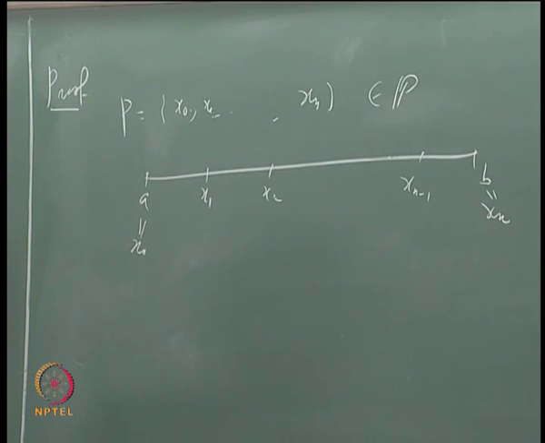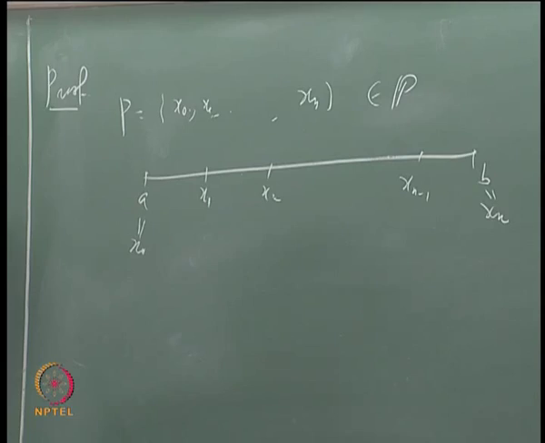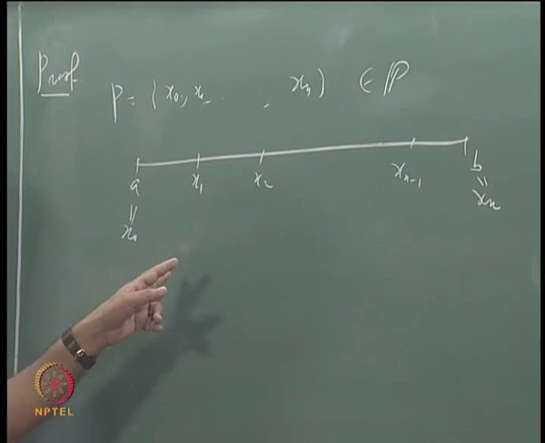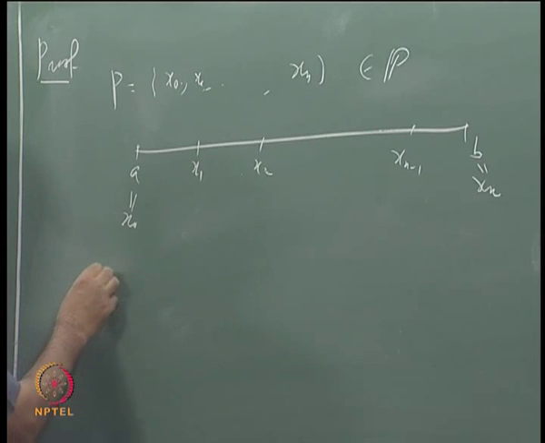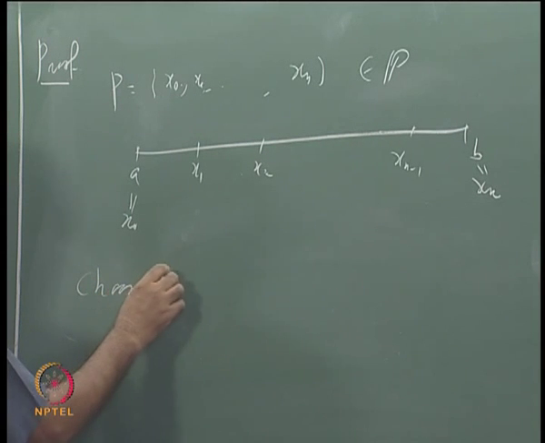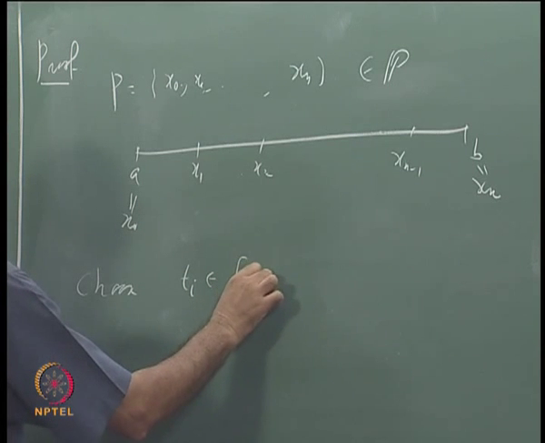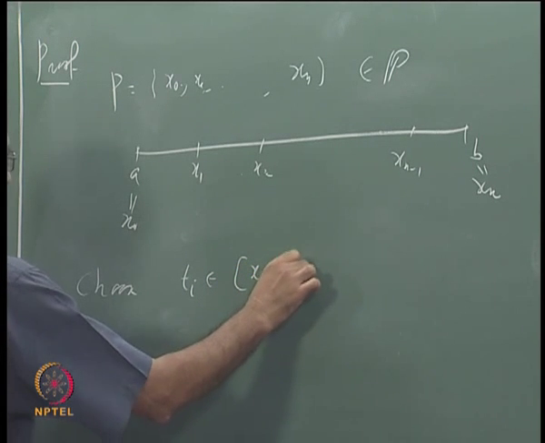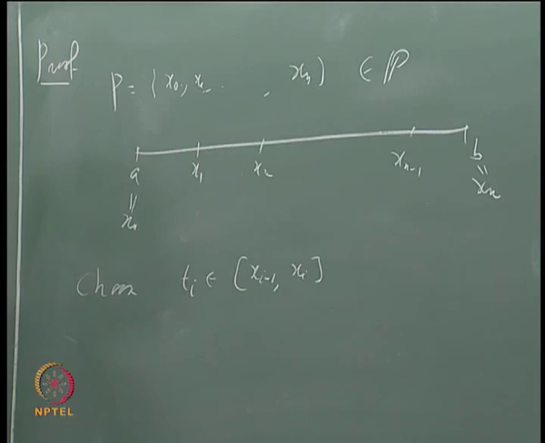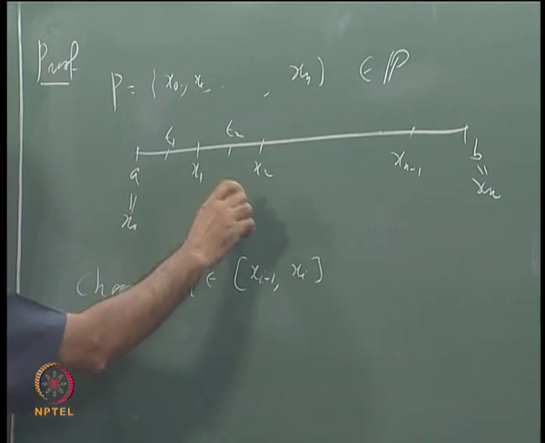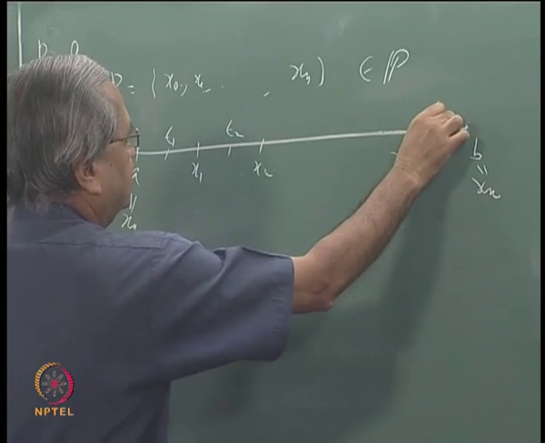Then to form the Riemann-Stieltjes sum, we choose Ti in each of these subintervals. So choose Ti belonging to [x(i-1), xi]. That means there will be some T1 here, some T2 here, etc., and there will be some Tn here.